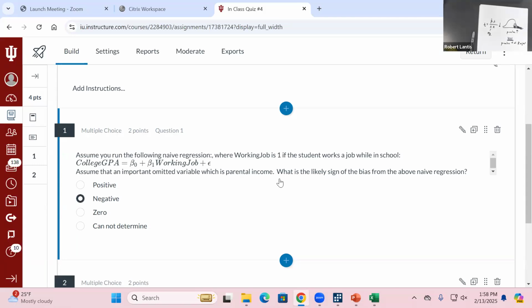So what do you think the covariance is between parental income and whether or not you work a job while in college? Higher parental income, are you more or less likely to be working a job in college? Probably less likely. So we have a negative covariance. If we were to include this omitted variable, parental income, what impact would that have on your college GPA, not controlling for anything else?